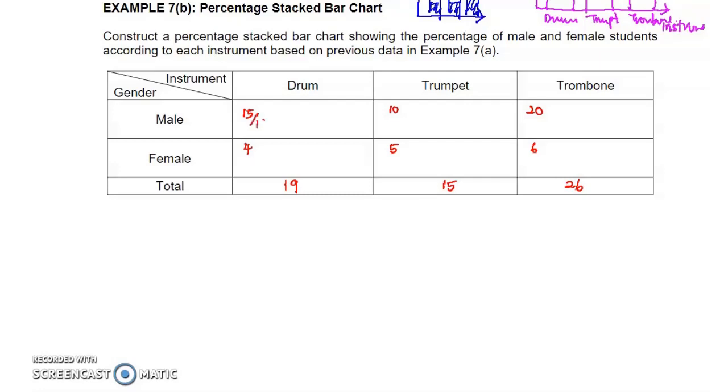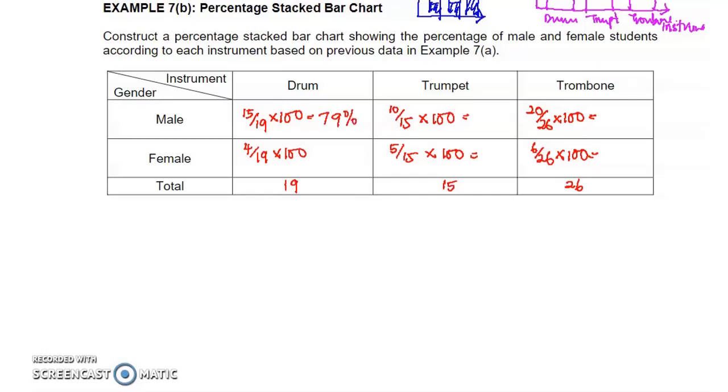So 15 over 19 times 100. If you calculate this one, you will get 79%. So just round off to the nearest number.